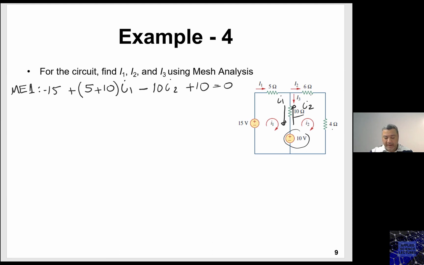Now we're done with mesh equation number 1. I need someone to tell me how to write mesh equation number 2. Any volunteer?